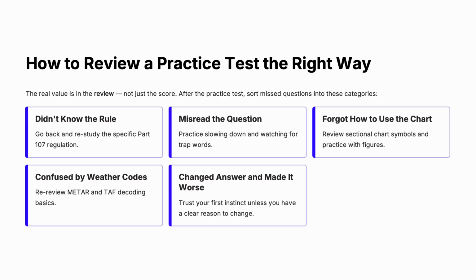Review sectional chart symbols and practice with figures again. Confused by weather codes? Re-review your METAR and TAF decoding basics. And change your answer and made it worse? In that case, the lesson is to trust your first instinct unless you have a clear, specific reason to change it. Sorting your mistakes this way turns a practice test from a number into an actual study plan.